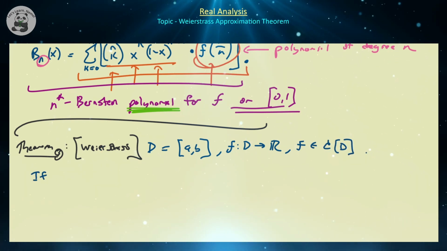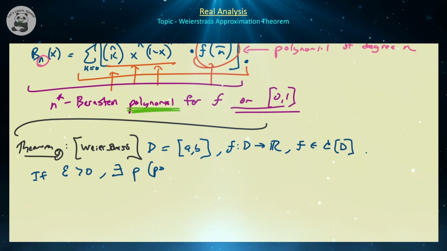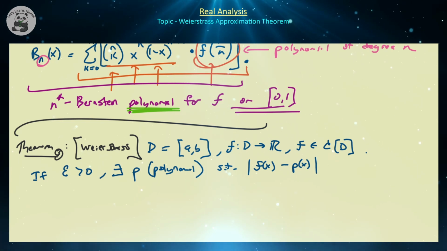Then, if epsilon is greater than 0, then there exists a function p, and this p is a polynomial, such that the absolute value of f of x minus p of x will be less than epsilon for all x in that closed and bounded domain.